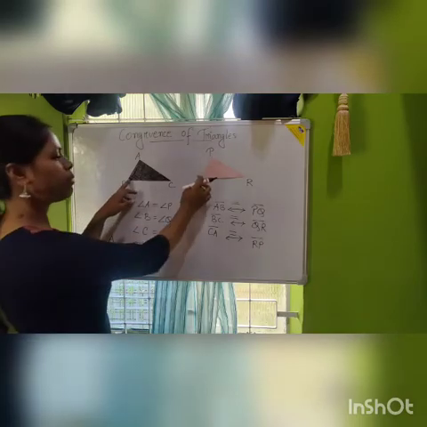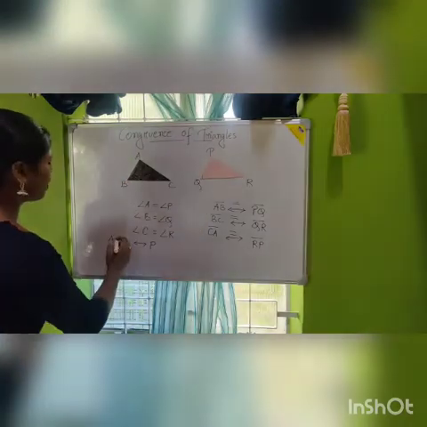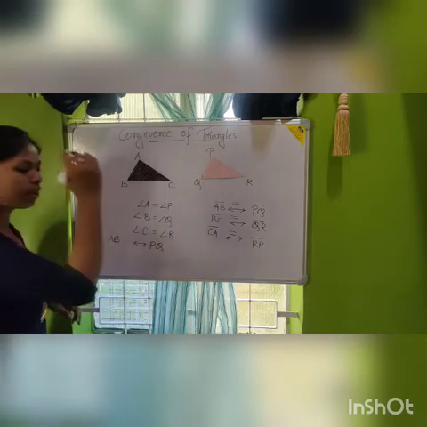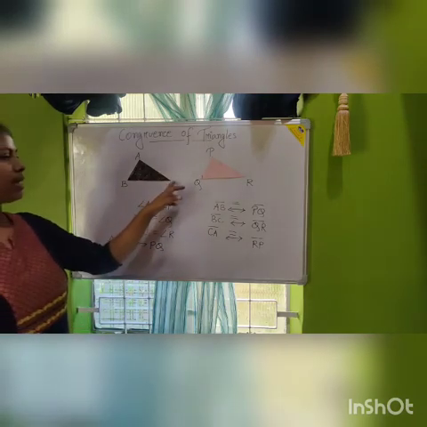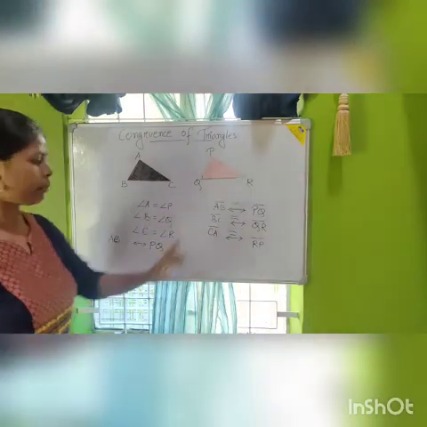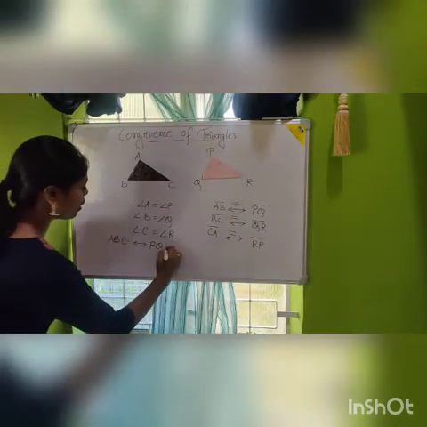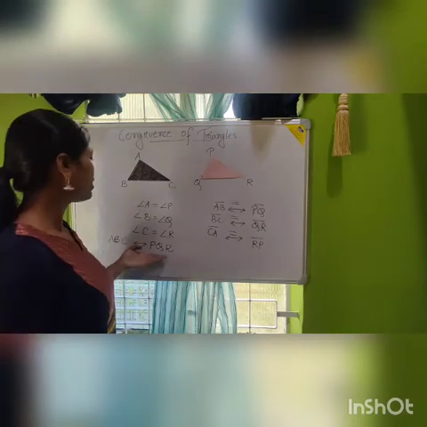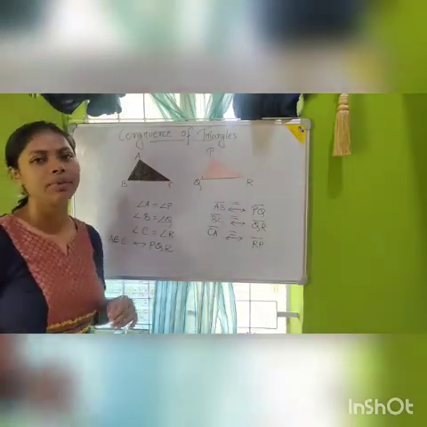Similarly, B is superimposed to Q, and likewise C is superimposed to R. So this is the congruence of the two triangles ABC and PQR.